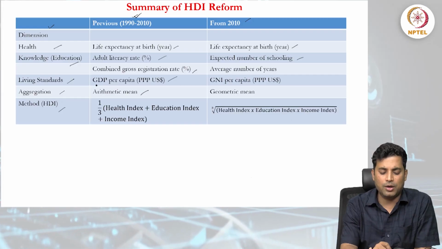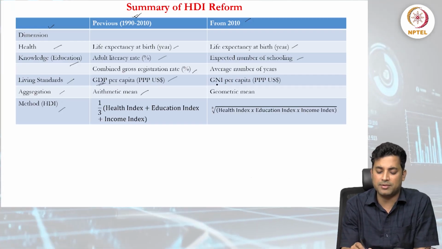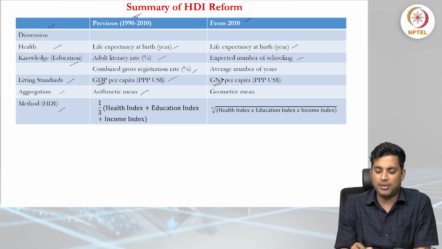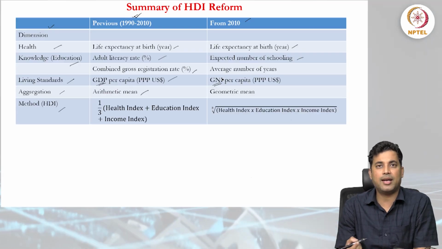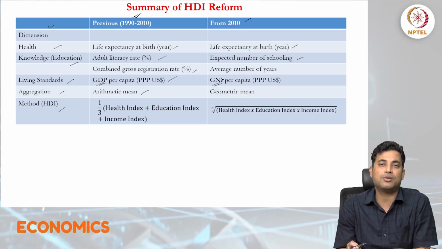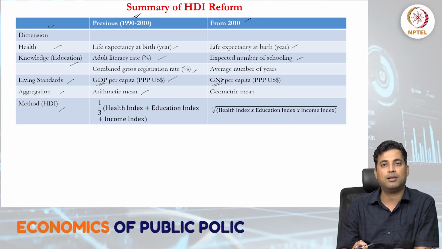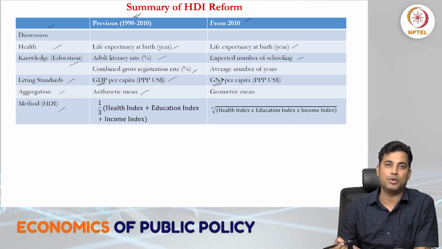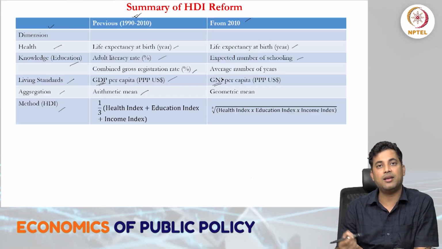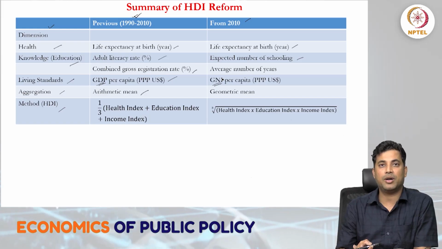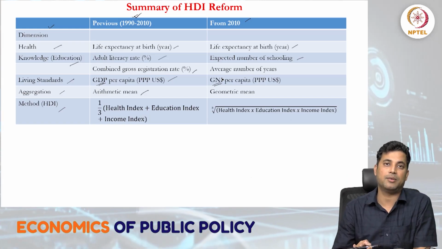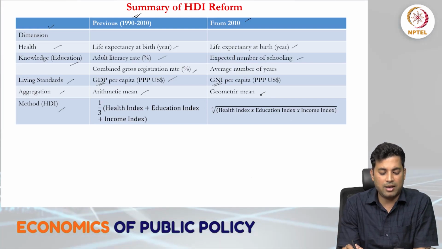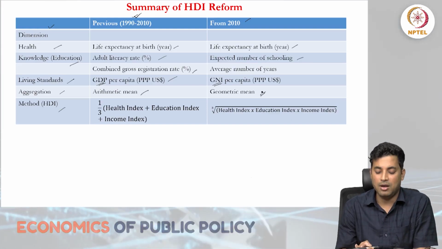And of course, as a student of economics, what is the basic difference between GDP and GNI? GNI considers not only earnings within the domestic economy, but also income, earnings, or transfers from outside. In the aggregation, it is the geometric mean.